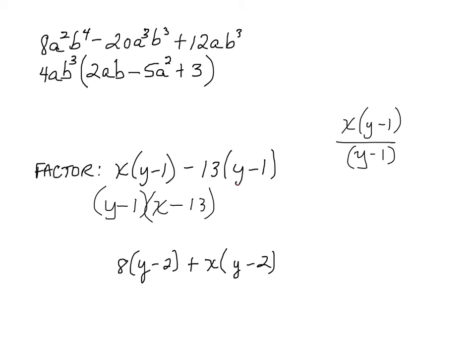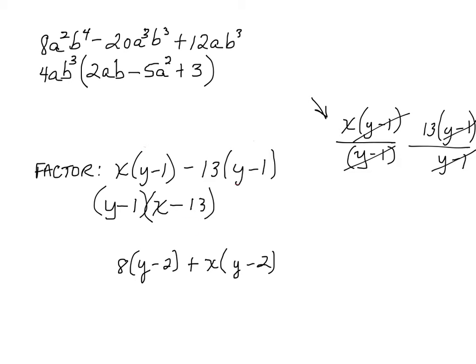And if you divide by y minus 1, what's left is an x. And that's where the x comes from. When you divide 13 times y minus 1 by y minus 1, you're left with 13. And so that's where this 13 comes from.